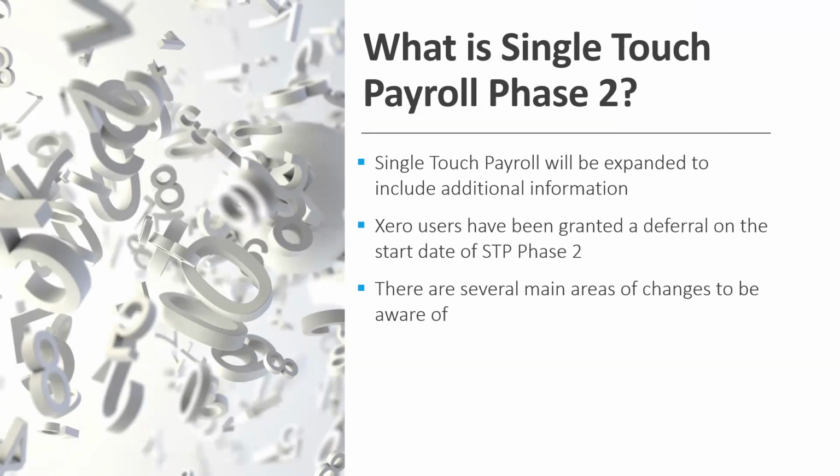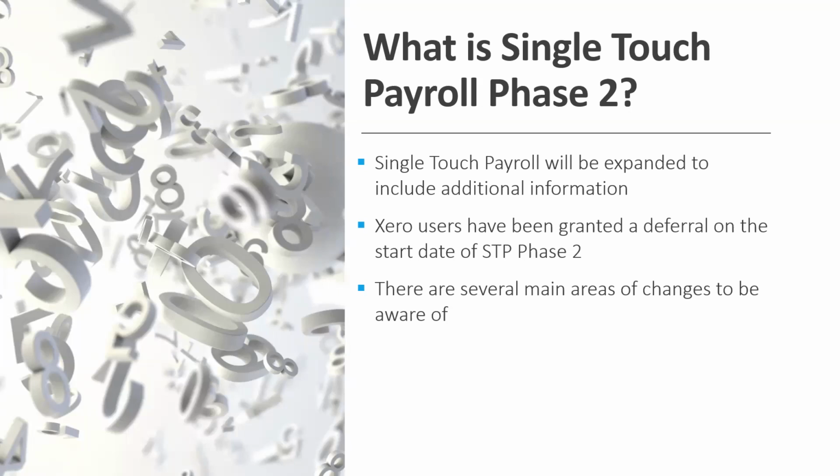Under Single Touch Payroll Phase 2, the Australian government will now require all employers to report additional information through each STP pay event. Now, this information will include details such as income, payment type, and reasons for termination of employment, but we will elaborate on those in more detail later in the webinar.